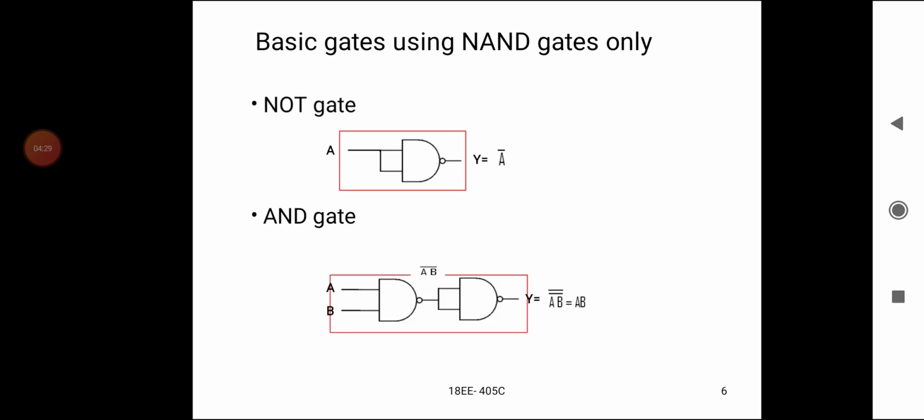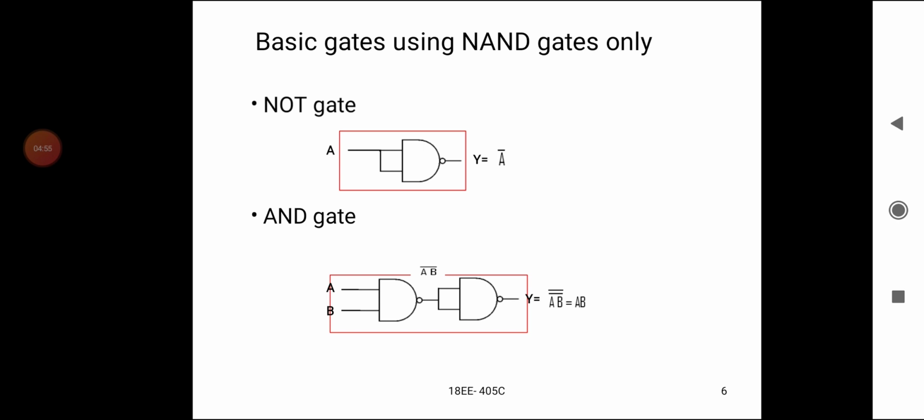AND gate: AB will get to AB whole complement. After that, one more NAND gate is taken and its inputs are tied together. The input is AB complement. So AB complement dot AB complement, whole complement.